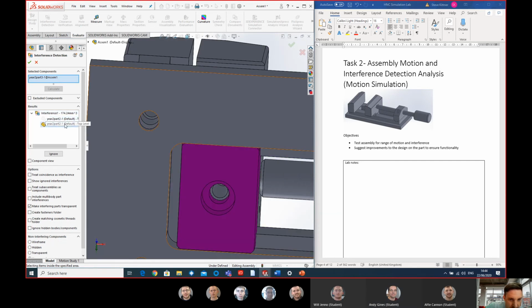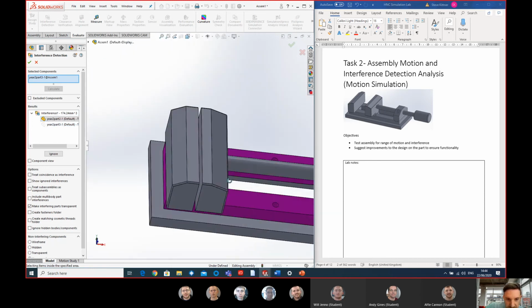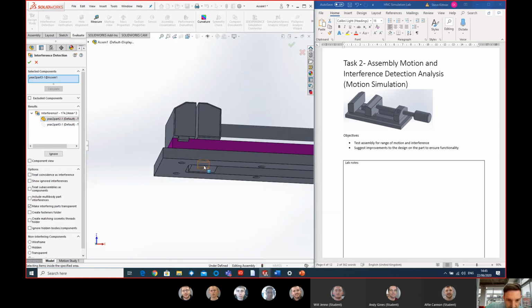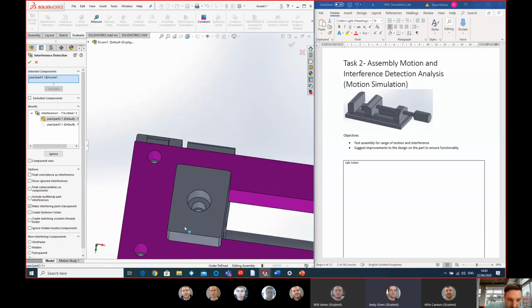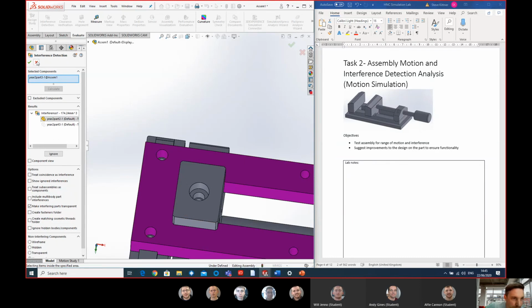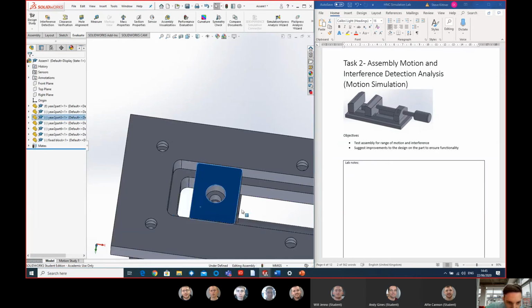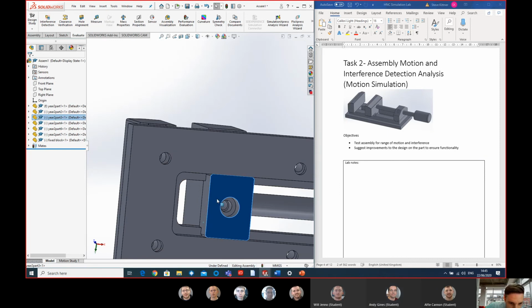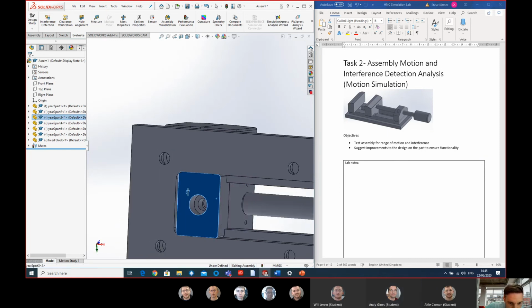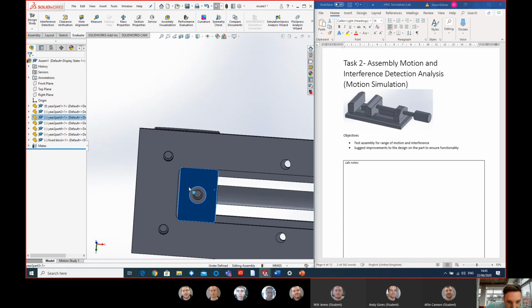So if I select these two, so that's between this bottom runner and this plate that's sat on top. Let's hide this one a second. There we go. So it's actually interfering with another bit that we didn't even notice. So this cutout stops before this one. So in the position that we were in, it was creating that interference there.